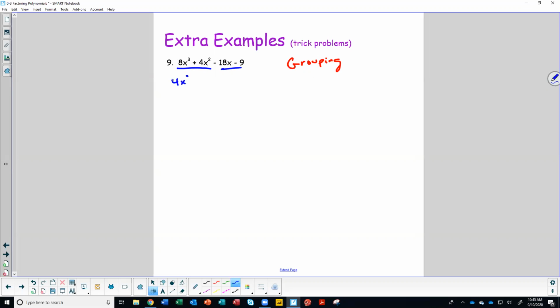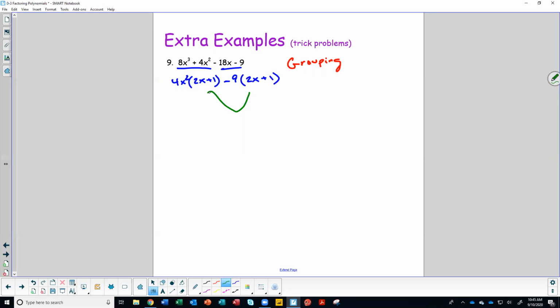They both have 4x squared. If I take away that, I'm left with 2x plus 1, because 4x squared divided by 4x squared is 1. The middle symbol always drops, so I get a negative. And then I ask, what's common here? It looks like it's a 9. So when I divide by negative 9, I get a positive 2x plus 1. As long as these two parentheses match, you're good.